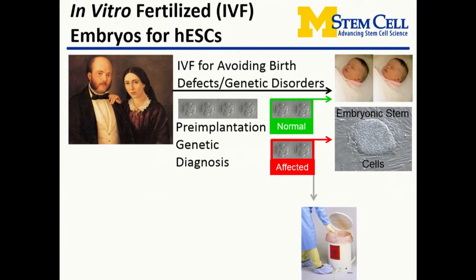So you can think about cystic fibrosis, some of the muscular dystrophies, Tay-Sachs, SMA. Many of these different diseases are monogenic diseases. And so many of these couples, as I said, either know they have a family history or have already had a child that's been affected and may have passed away from the disease.